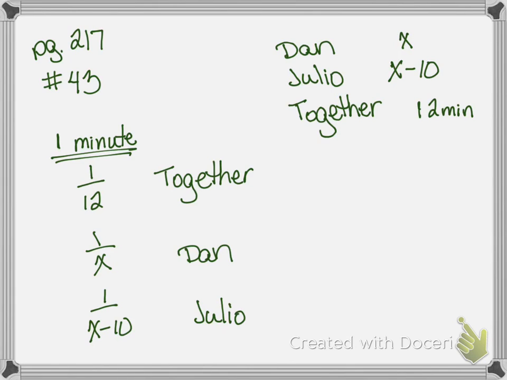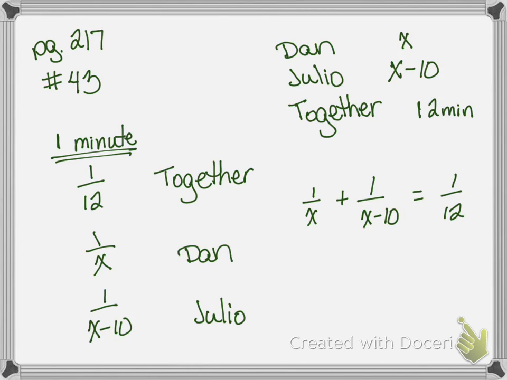So once we figured this out, if I take Dan together with Julio, so Dan working 1 over x, that's how much he can do in 1 minute. Julio working 1 over x minus 10 in 1 minute. And together, in 1 minute, they can get 1/12 of it done.